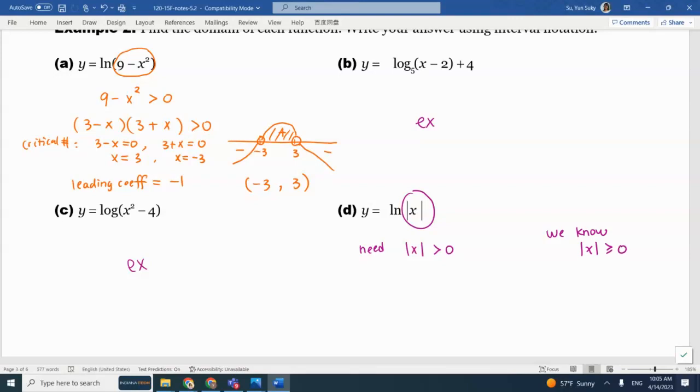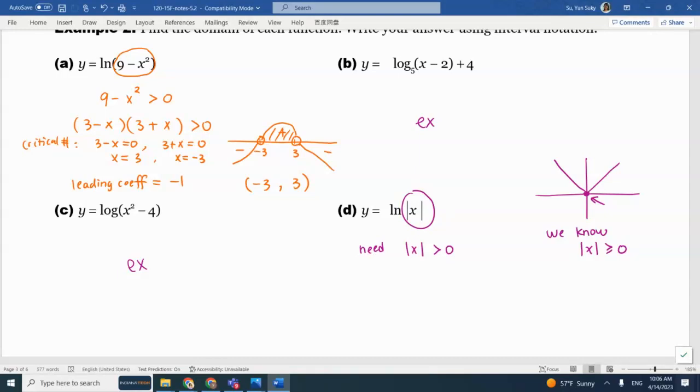Do you still remember the graph of absolute value of x? What does it look like? Yes, exactly, it looks like a V. It is equal to 0 at 0. So when we say absolute value of x is greater than 0, it means x cannot be 0, because as long as x is not 0, then absolute value of x is positive.